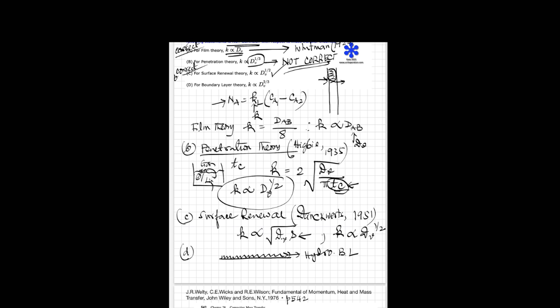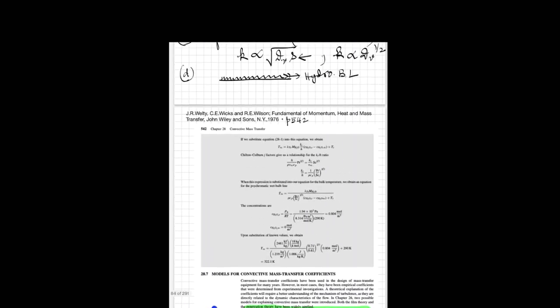According to this theory, we have given you the details in our solution on our website, that this is the expression for the rate of mass transfer. So here K is proportional to dV raised to the power 2/3. According to boundary layer theory, K is proportional to dV raised to the power 2/3, which is also correct.